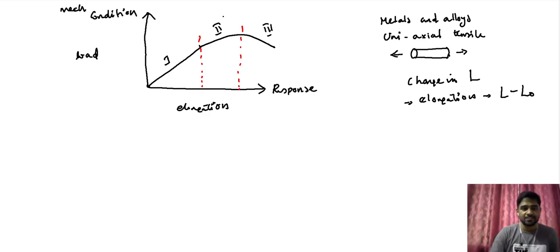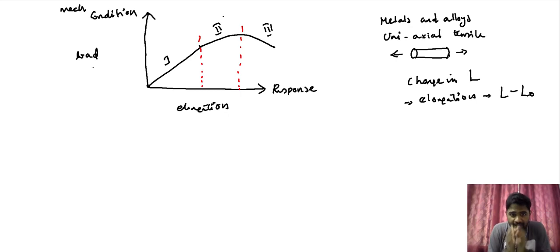In this first section, what we observe is, in order to bring about the desired elongation, in order to progressively increase the longitudinal dimension of your sample, the load should also proportionally increase. Let me repeat. How is the first section different from the second and the third?